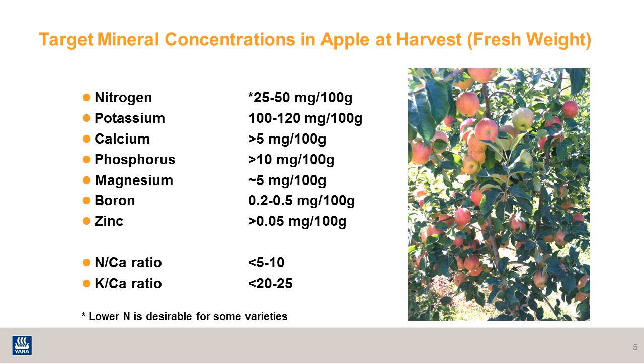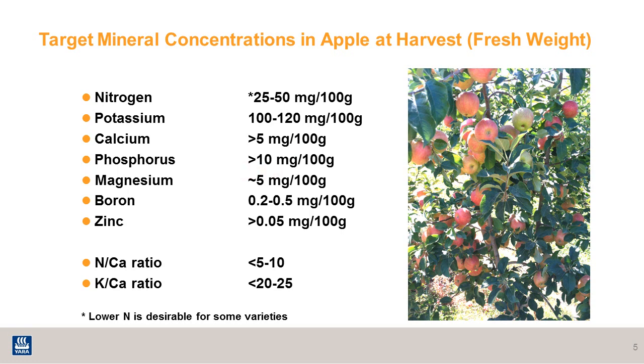For potassium, it's fairly consistent across the board. You want between 100 to 120, sometimes more. For calcium, you want more than 5, although with Honeycrisp, you rarely would get numbers that are more than 5 for the standard variety of Honeycrisp. Some of the newer varieties of Honeycrisp can easily get more calcium than 5.